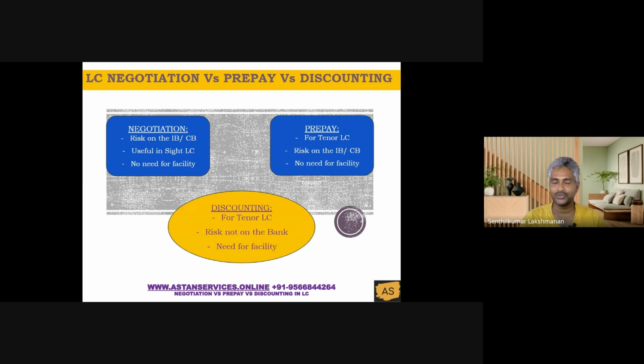Now, when it comes to UCP 600 and ISBP, which explain negotiation and prepay, it is totally different. It doesn't recommend the bank to block the limit of the beneficiary. It is based on the counterparty banks, the issuing bank and confirming bank, if any. This is the major difference which you need to note.